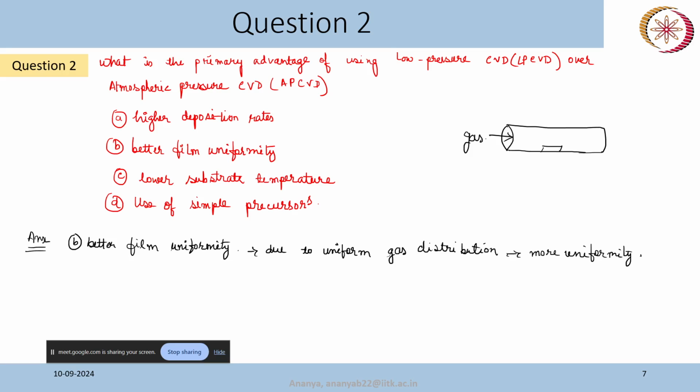It will probably give you a higher deposition rate, and cost wise it will be much less compared to LPCVD. Okay, so if your film quality is not an issue, then atmospheric pressure CVD is a much lower cost option compared to LPCVD.